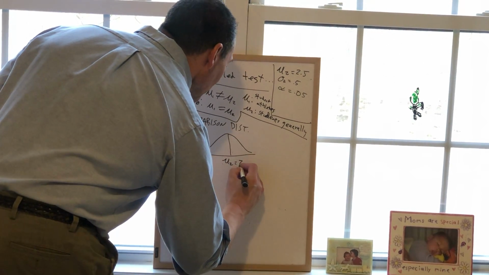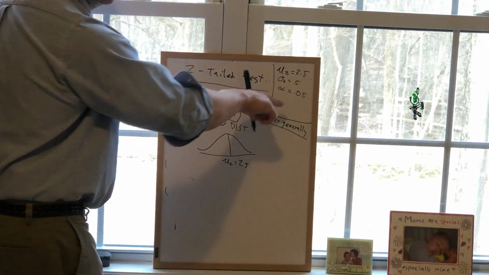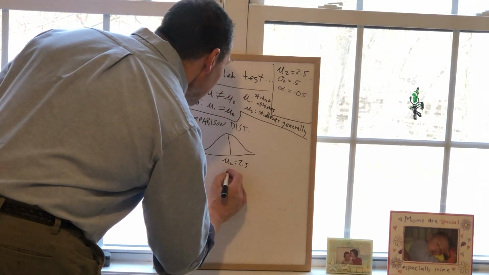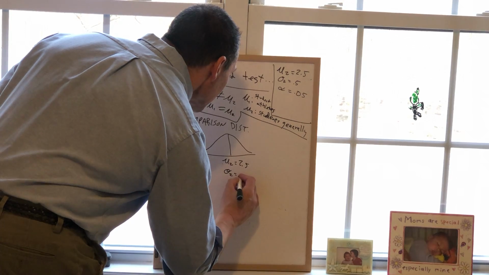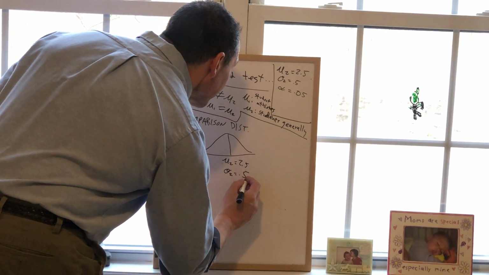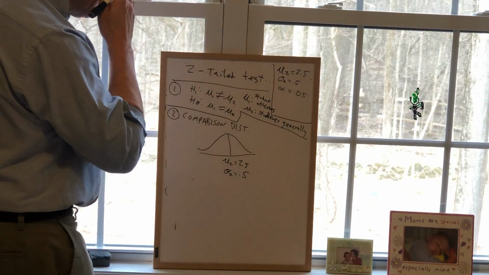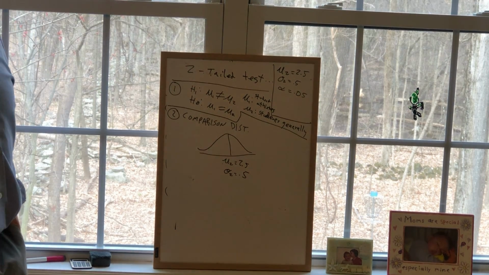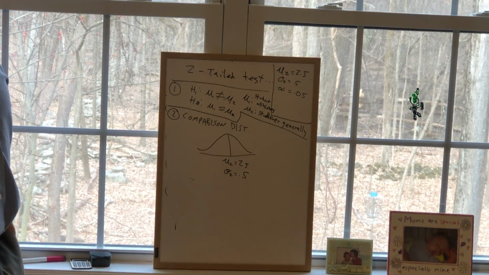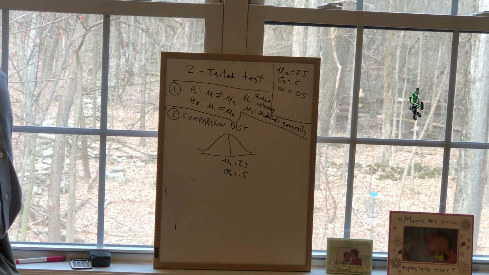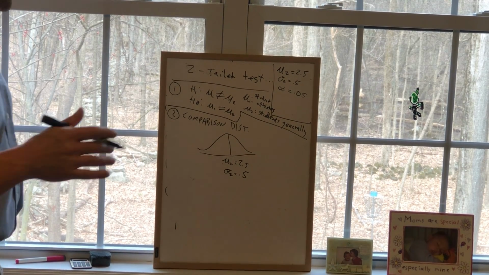The mean is 2.5. That was given information, that's where that came from. The standard deviation is 0.5. That's our comparison distribution. So our comparison distribution is our distribution for our general population, and that's what we're going to be comparing against.